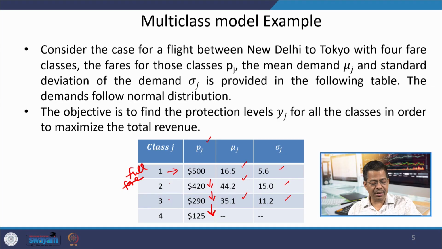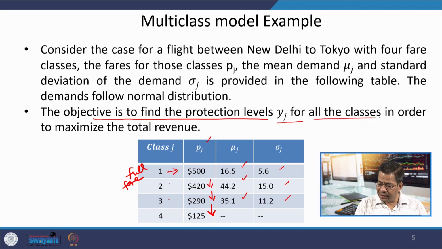So, it means that we have to divide the overall capacity among these 3 classes 1, 2, 3, and therefore, the objective is to find the protection levels Yj for all the classes in order to maximize the total revenue for this particular system.